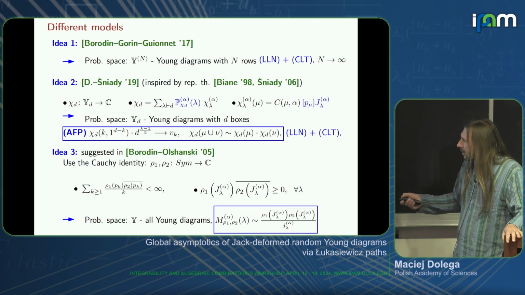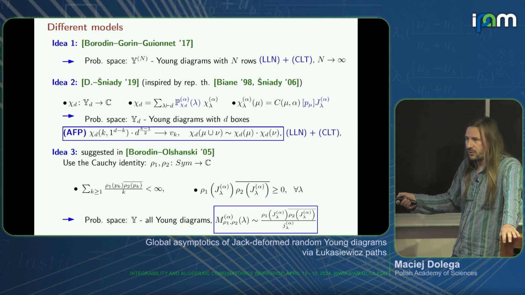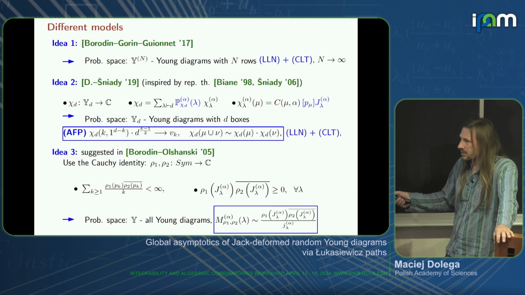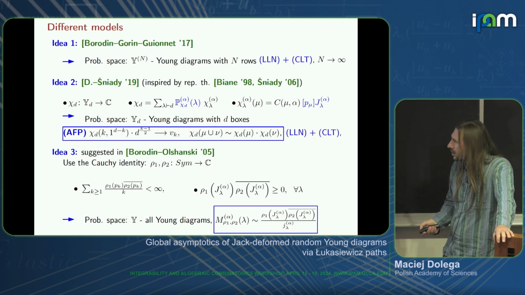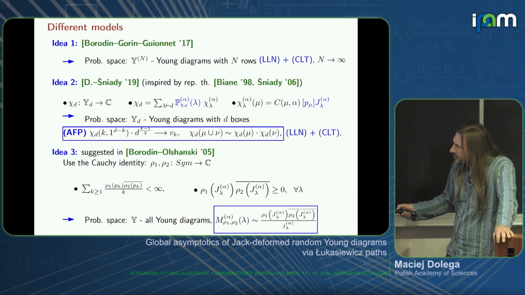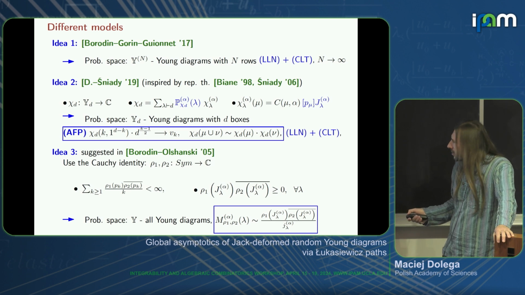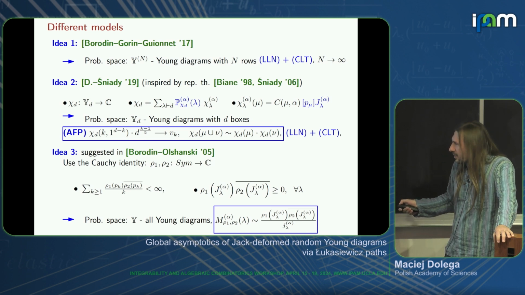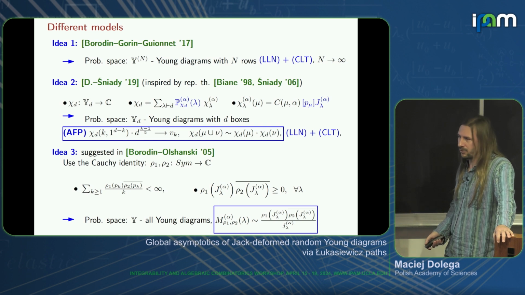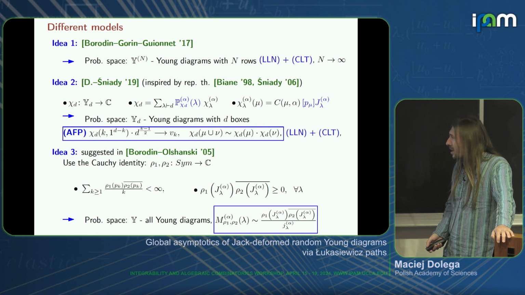To be more precise, you take two homomorphisms from the space of symmetric functions into complex numbers, and you just want that this sum converges, and that this actually defines a probability measure. So if you evaluate the first homomorphism on a Jack and the second homomorphism on a Jack, you take a conjugate, you just want that this is always a non-negative number because you want that this will give you a probability.